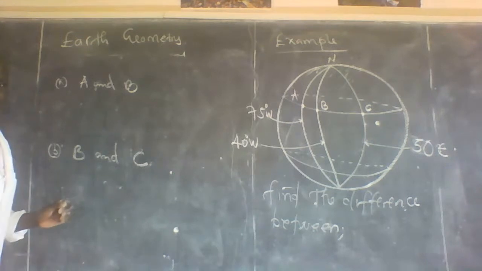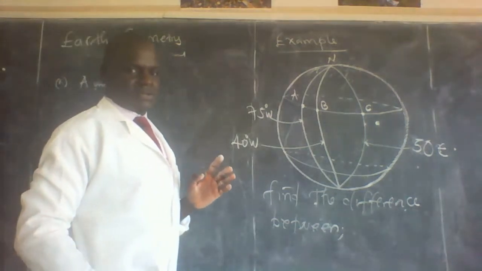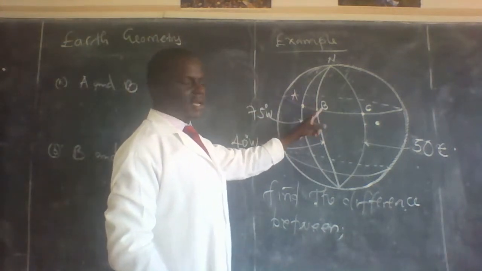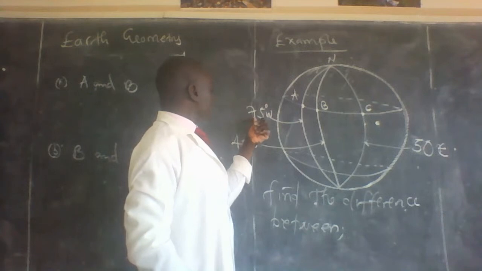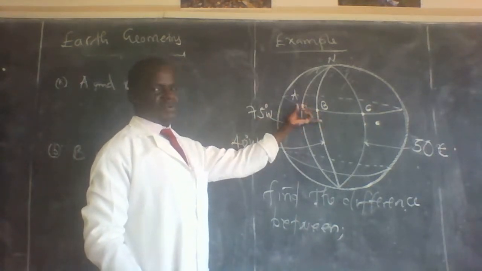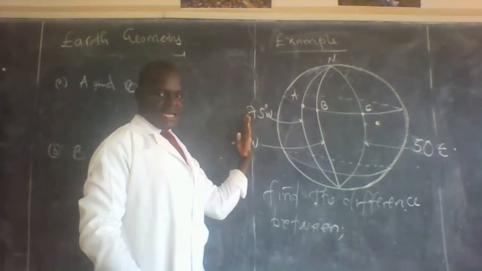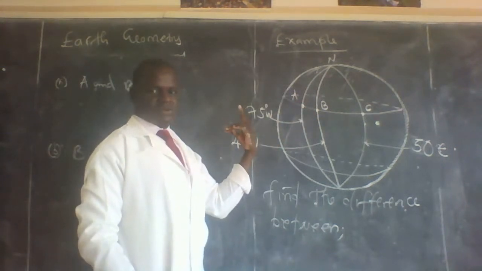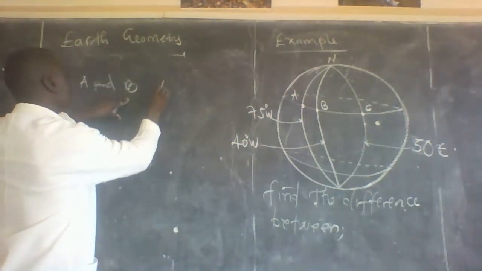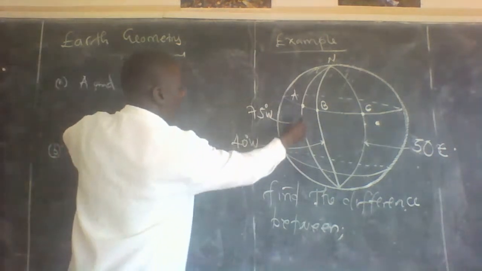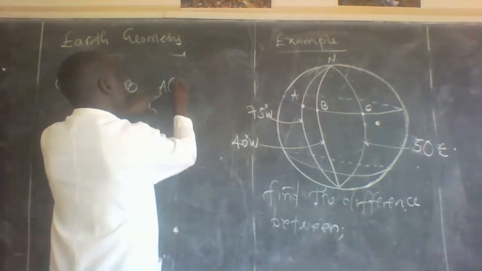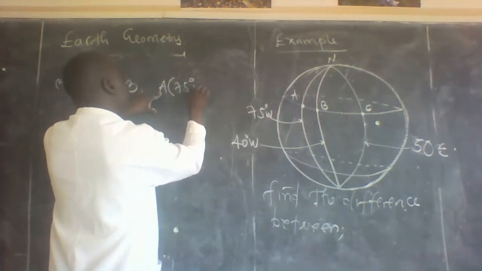and C. So if you look at the way the questions are, they're not too different from what you've looked at. Because point A and B, 75 degrees west, 40 degrees west, are on the same side of the globe. To find the difference, what we're going to do is to subtract. Point A here is on longitude 75 degrees west.